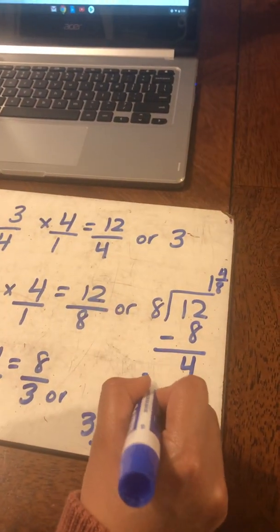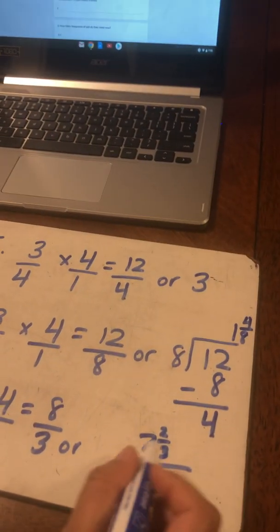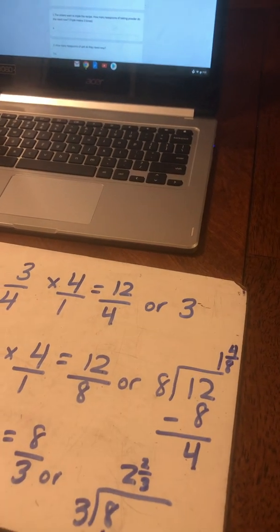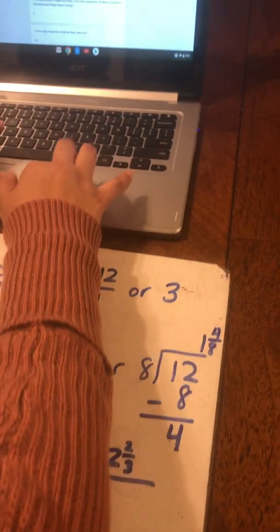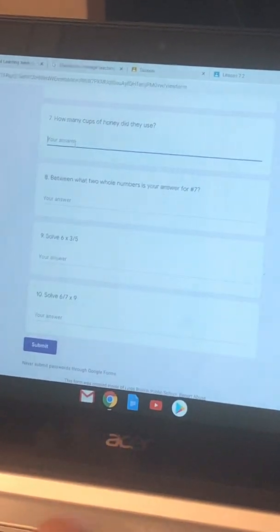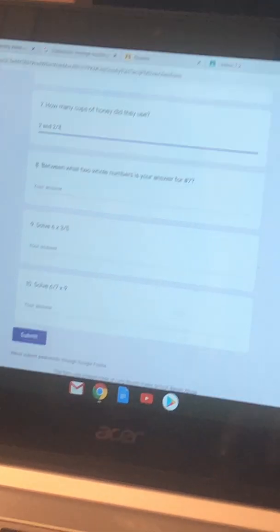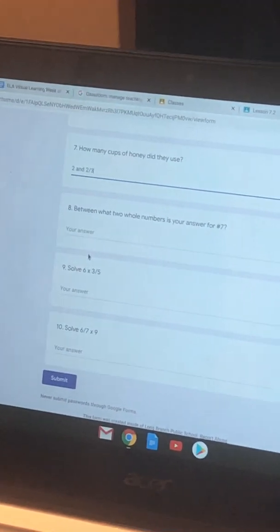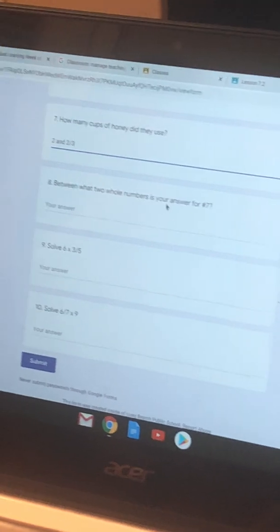So I'm going to write the 2 over the 3. So 2 2/3 or 8/3. Okay, so scroll down here. And now you'll be able to write 2 2/3.